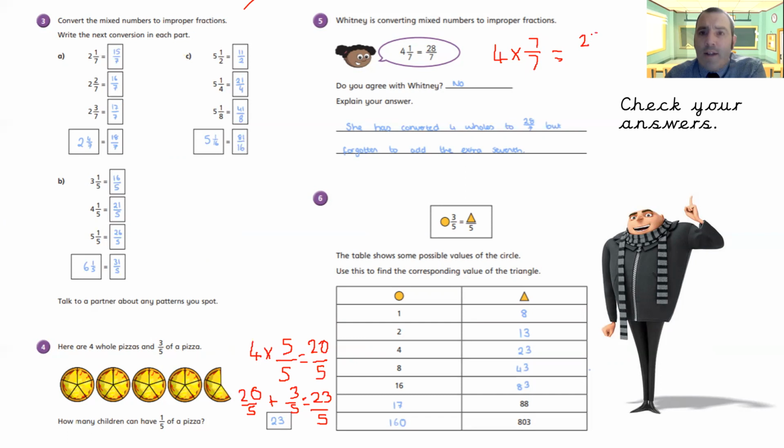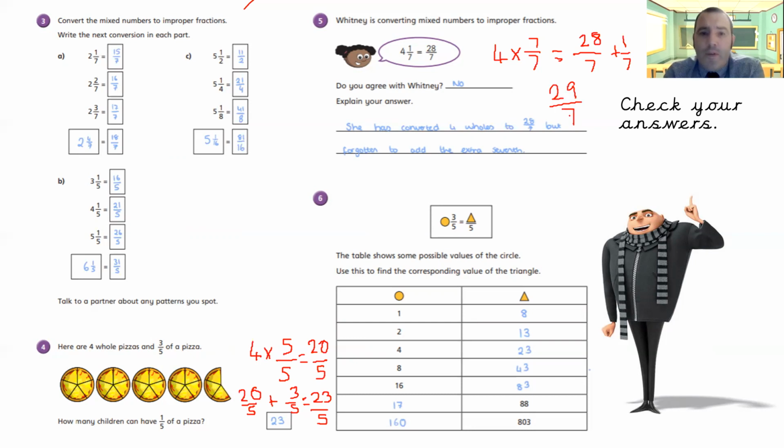So I've got 28/7. What she's forgotten to do is add the 1/7 that was left over in the question to give 29. So the answer should have been 29/7.